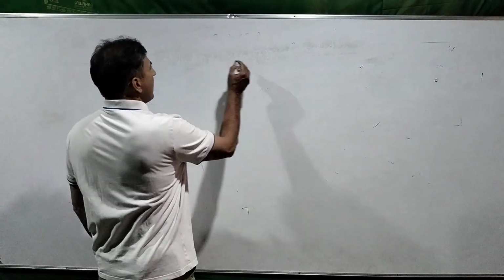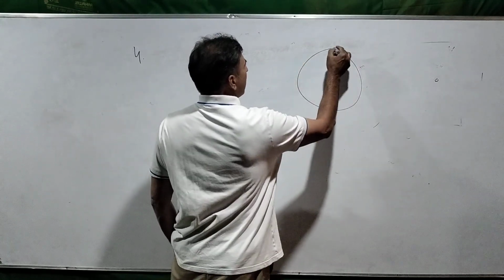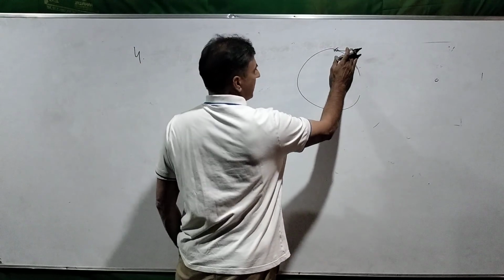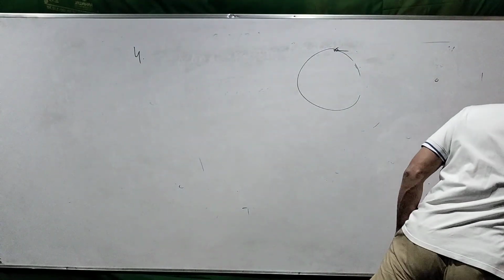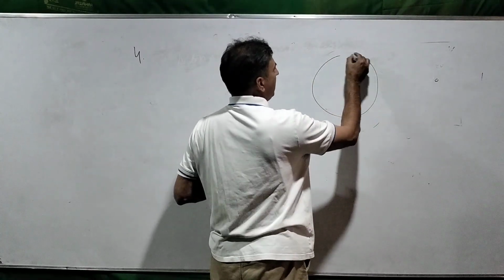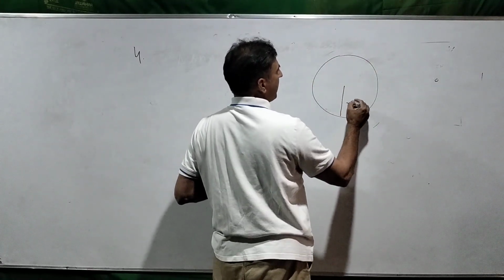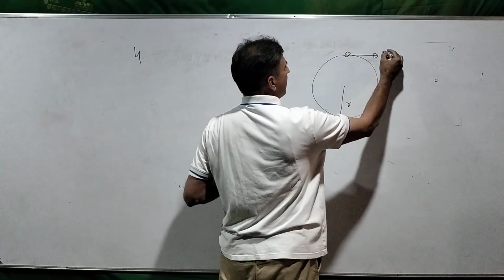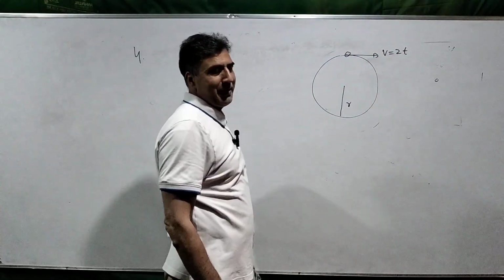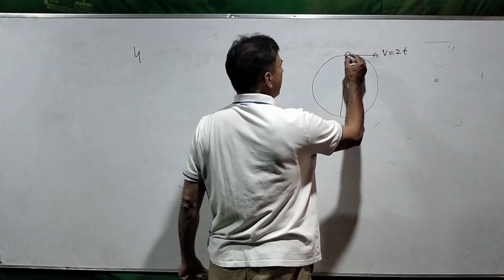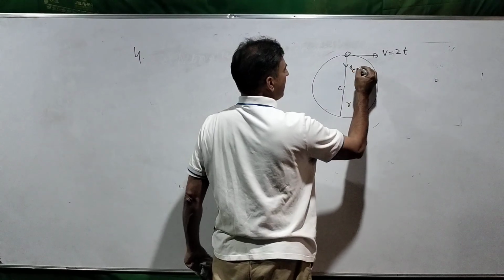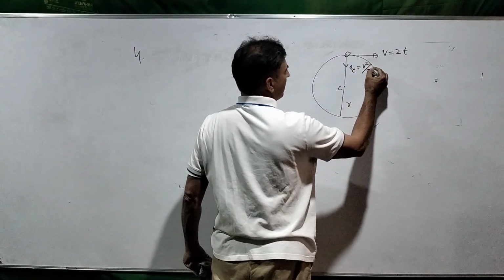Okay, it's a particle moving in a circle of radius r. It's a particle here moving like this with speed v, that is 2t, let me suppose, because I want to make it time dependent. And this is a center C. This is centripetal acceleration. That is v squared by r, of course.